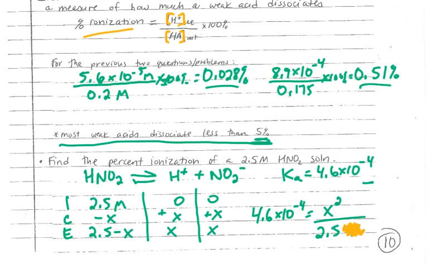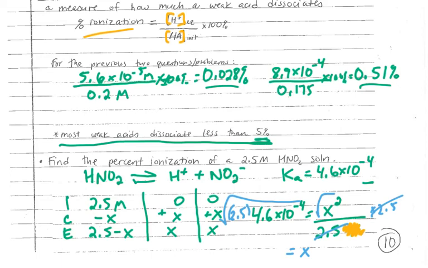And we solve for X. So I'm going to multiply both sides by 2.5. That will cancel out, and then I'm going to take the square root of both sides.